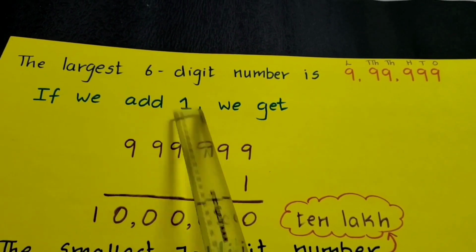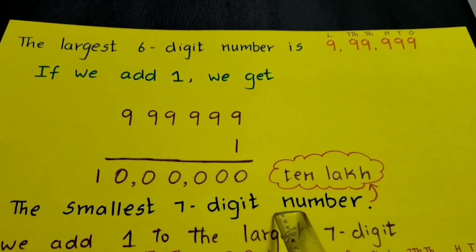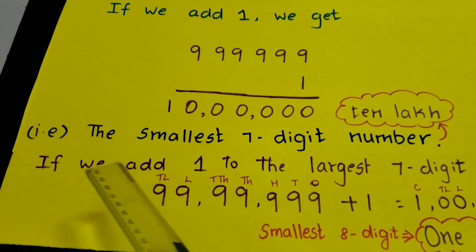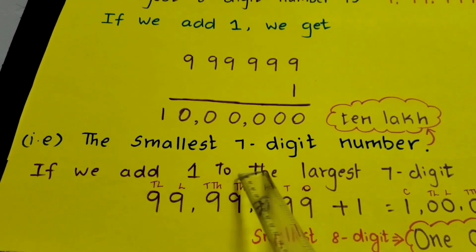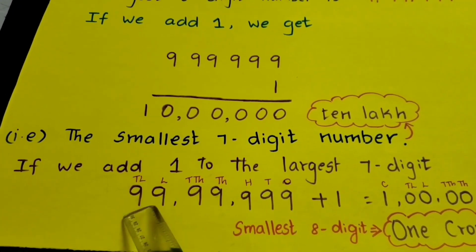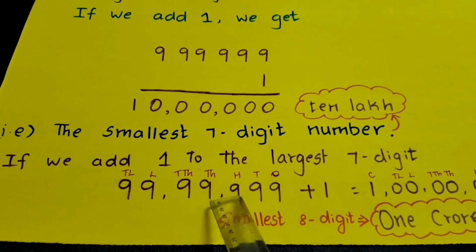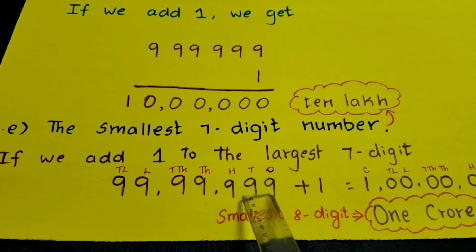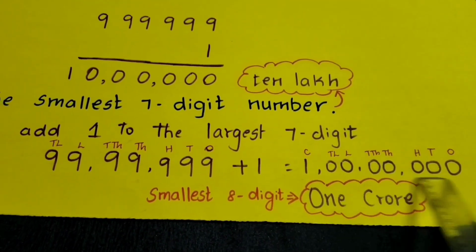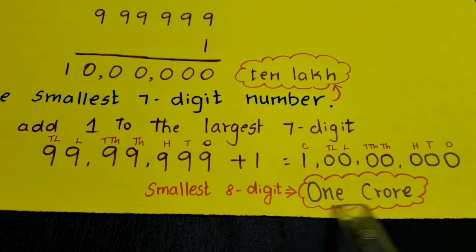When we add 1 to the largest 6 digit number, we get the smallest 7 digit number, that is 10 lakh in words. Likewise, what happens if we add 1 to the largest 7-digit number? The largest 7-digit number is 99,99,999. When we add 1 to this number, we get the smallest 8-digit number, and that is nothing but 1 crore.